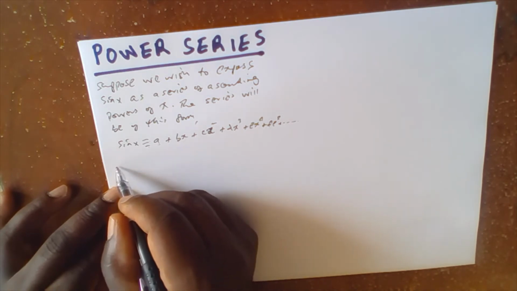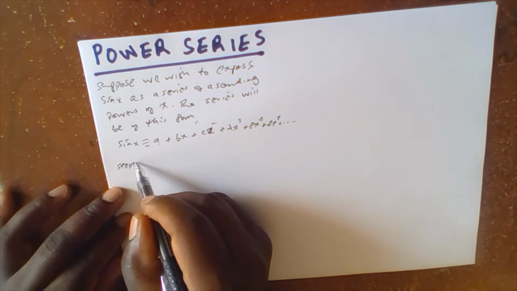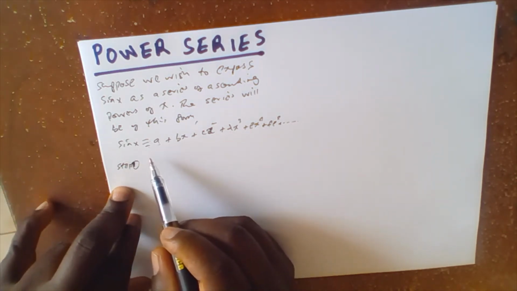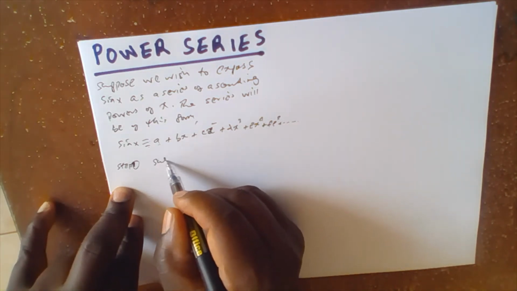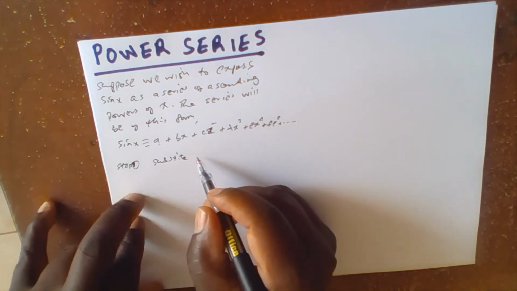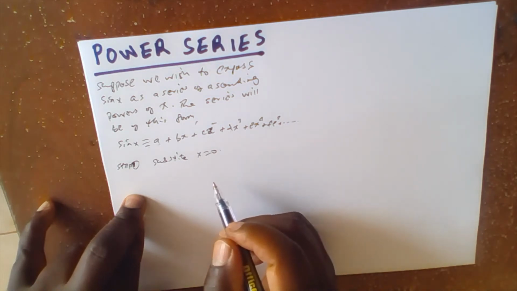Now, to start off, step one, we shall substitute in the equation x equals to 0.